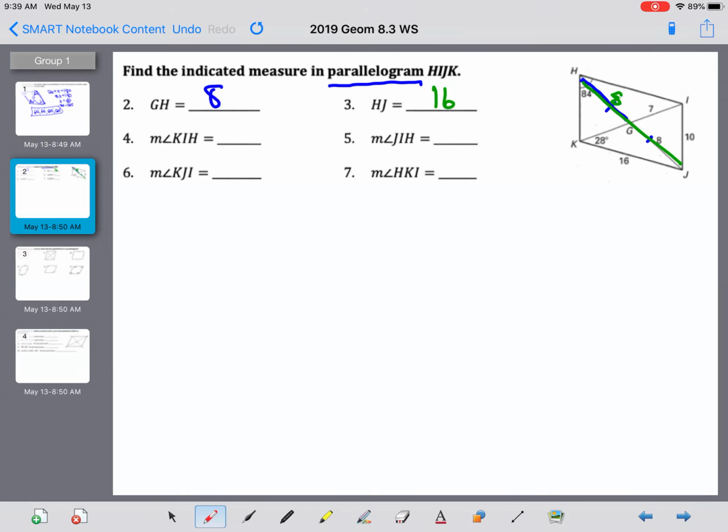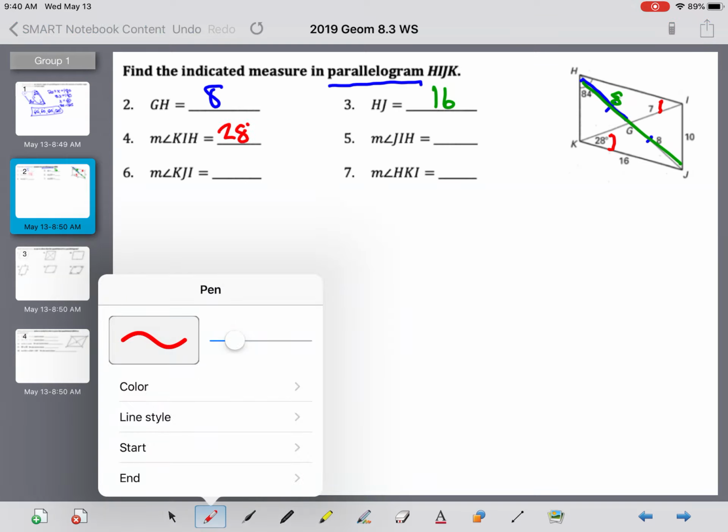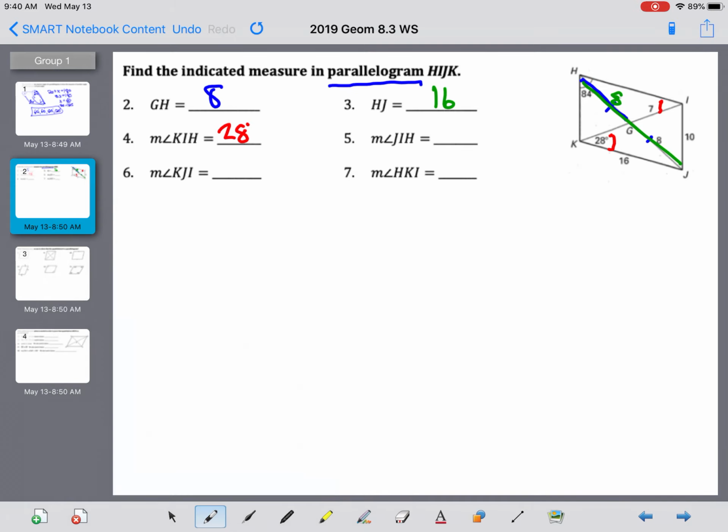Angle KIH. KIH, this angle is going to be the same as this angle because of alternate interior angles, so that's going to be 28 degrees. Measure JIH.